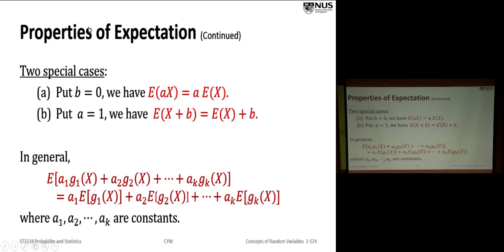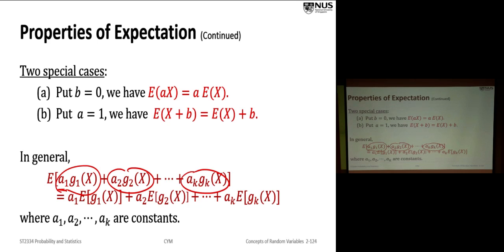In general, you can prove it, but we don't. Basically, if you add up a bunch of terms, each term is a constant times a function of x. Different functions. That's why I use g1(x), g2(x), up to gk(x). We have k different functions of x. That means I have k new random variables. So the same, this is equal to a1 times expectation of g1(x).